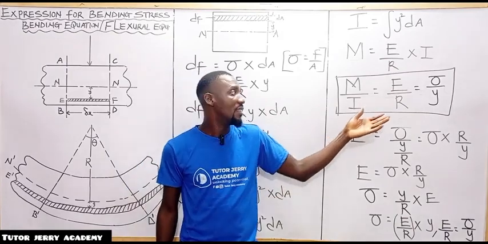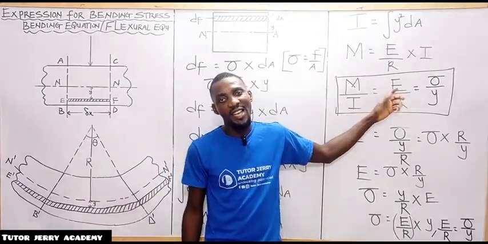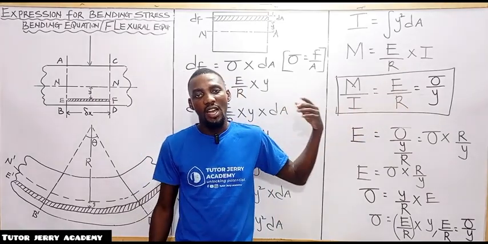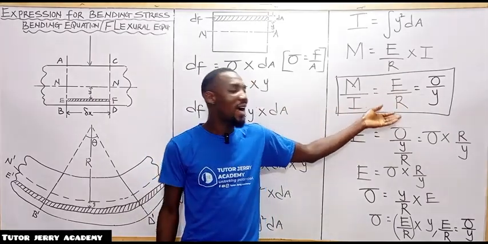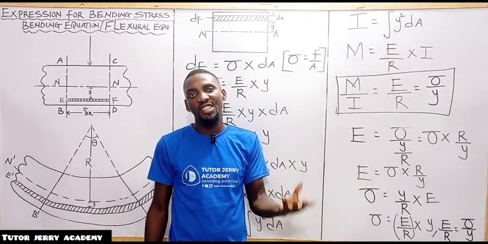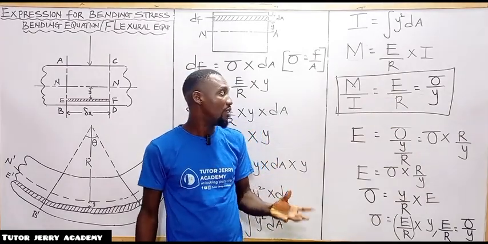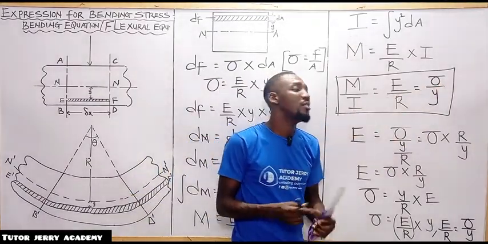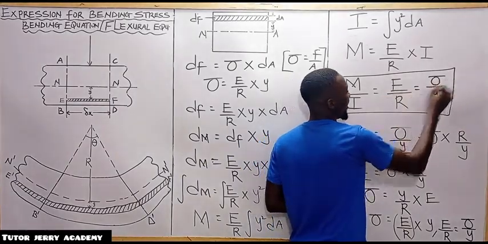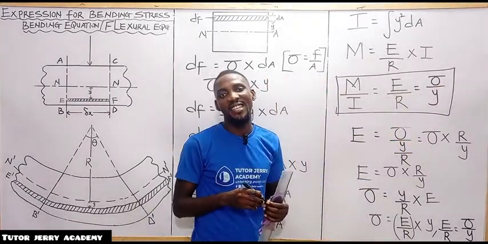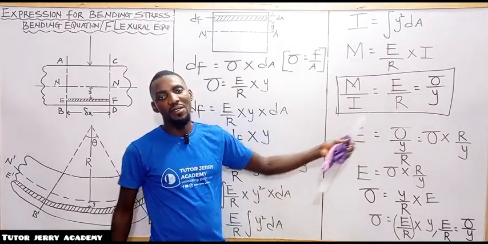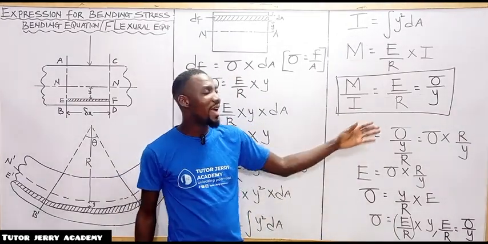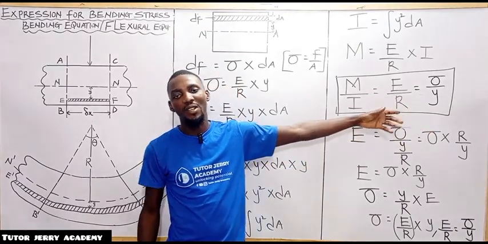And the next thing here is our E. This is our Young's modulus. And our R here is known as what? The radius of curvature. While this stress here can be denoted sometimes with a subscript b, telling you that it is what? Bending stress. Please take note of that. While our y is nothing but what?